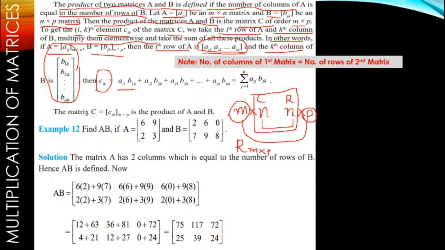Let's see how it is. Okay, the order here is 2 by 2, fine. And here how many rows? 2 rows and 3 columns, fine.